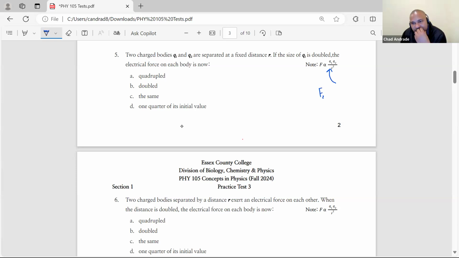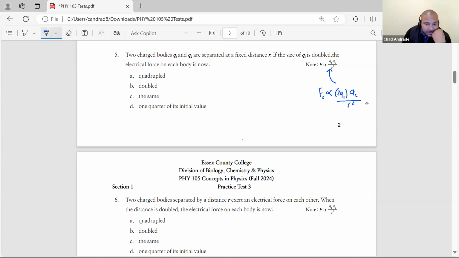It's really F2 now being proportional to, instead of Q1, 2 times Q1 times Q2 over R squared.